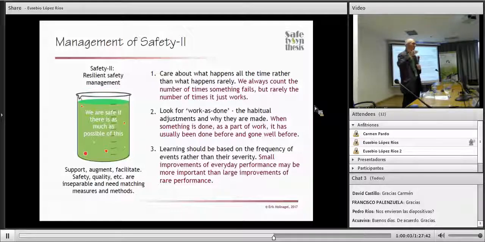The criterion for learning is not the seriousness of something, but the frequency of something. How often does it happen? The things that happen all the time are the most important things to learn from, precisely because they happen all the time. And they're usually small things. They're easier to manage and easier to understand and easier to control.